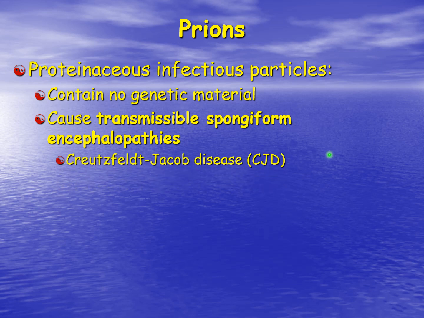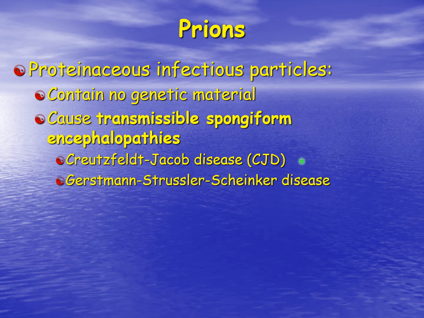Creutzfeldt-Jakob disease is the primary form seen in humans. We also see Gerstmann-Sträussler-Scheinker disease in humans. The old name for what we now know as Creutzfeldt-Jakob is actually Kuru, and there may be actually some differences in these three, but they're all prion diseases.